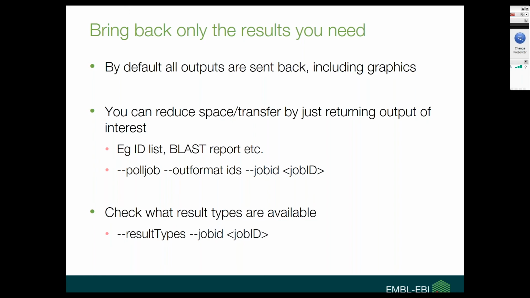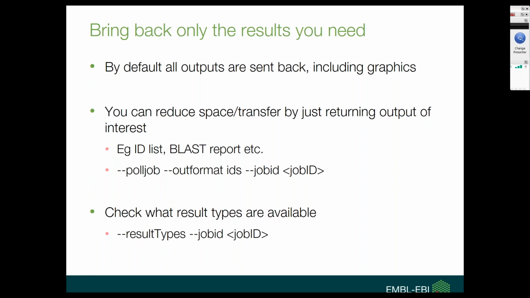If you're not sure what result types are available, and this is a good thing to check because not all of the tools produce the same types of output, there's a parameter called result types, which our clients recognize with the job identifier, and it will then spit back the types of results which you could then use in your out format to pull back.